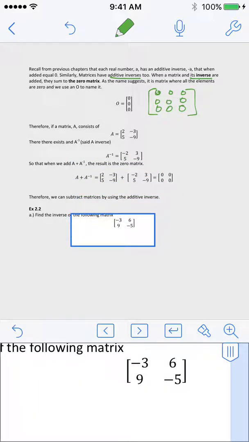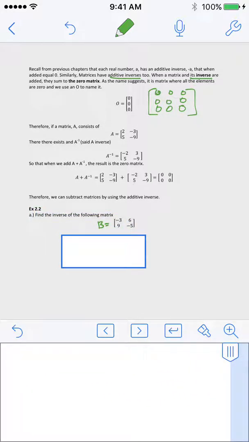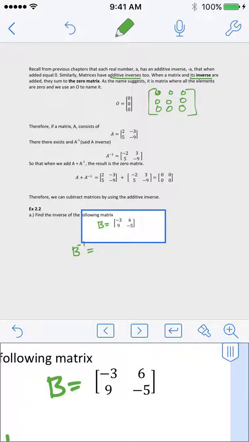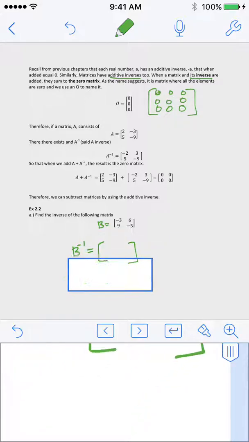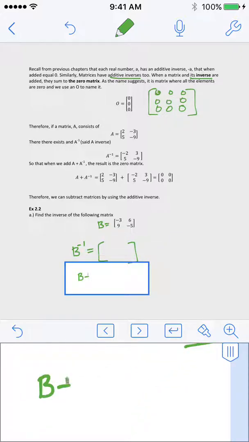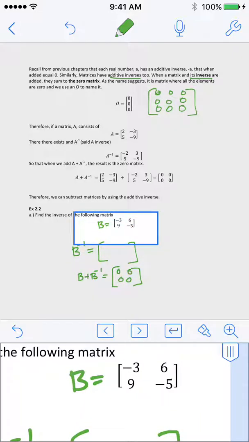So let's try that out. I've got this matrix. I'll call it matrix B. I need to find B inverse, the additive inverse of this matrix. In other words, I need to find a matrix so that when I add it to B, B plus B inverse, I end up with a matrix of all zeros, right? So what matrix would do that? What do I need to add to -3 to get 0?